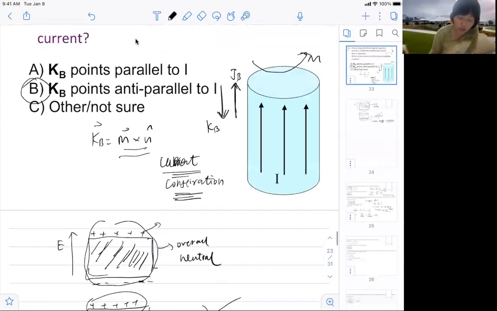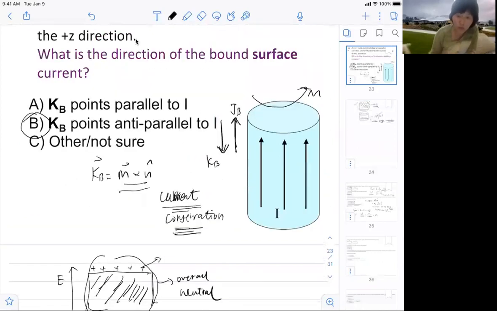So here is a material, and these currents are the response of your material to your external field. So if you induce a bound current going up, then there must be some bound current going down, just not to violate current conservation.